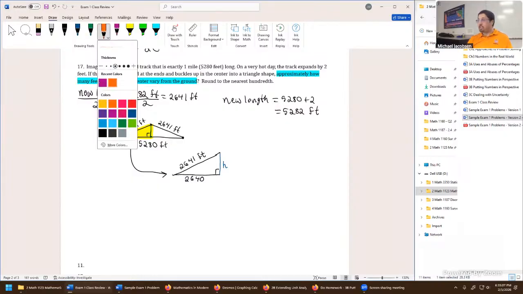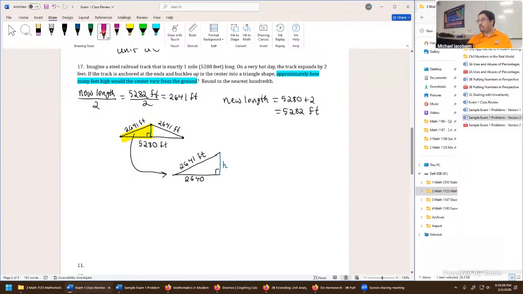And here's a good shout out for another formula you might want to have ready to go: Pythagorean theorem. Pythagorean theorem says that in a right triangle, c squared, the most important side, the longest side, is equal to a squared plus b squared.